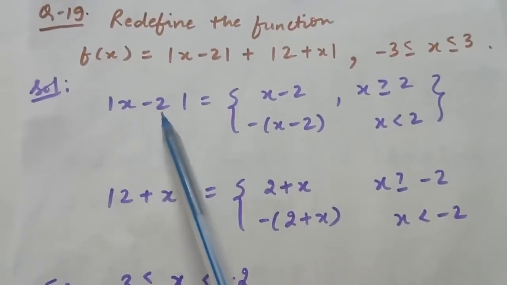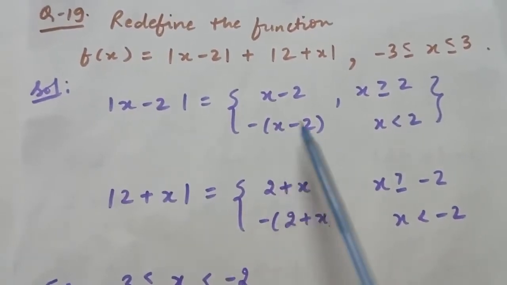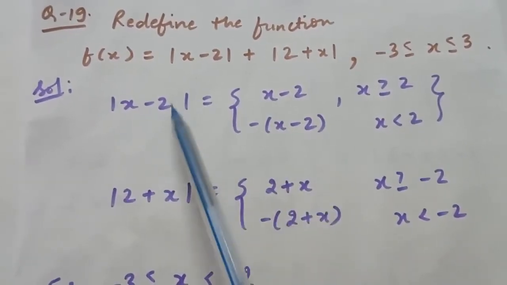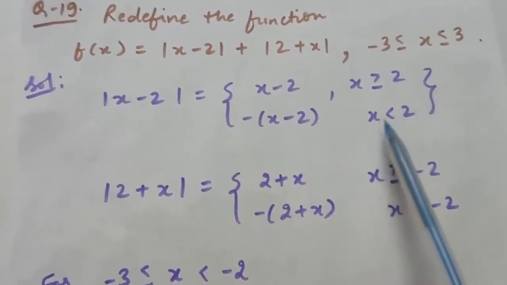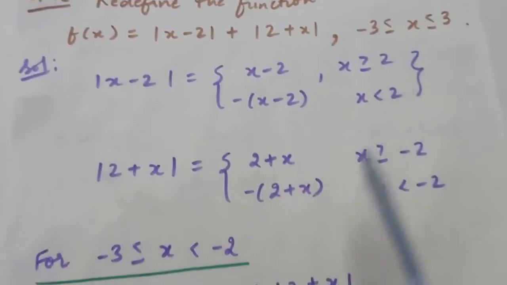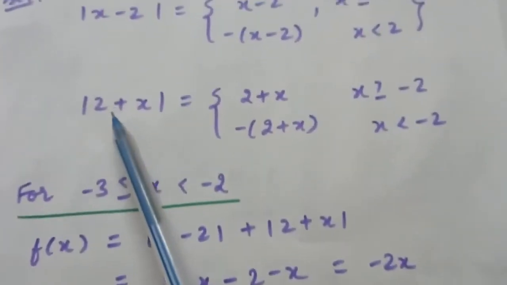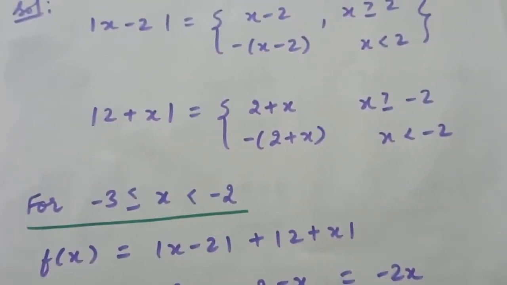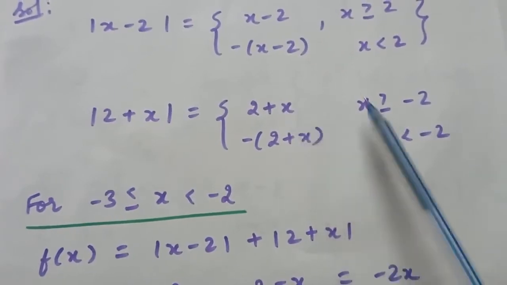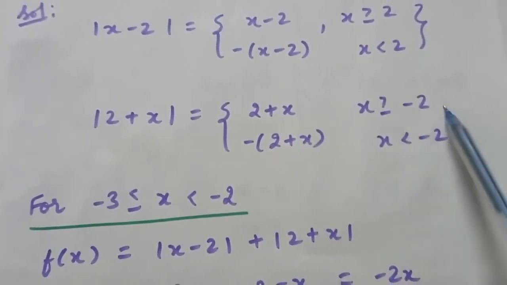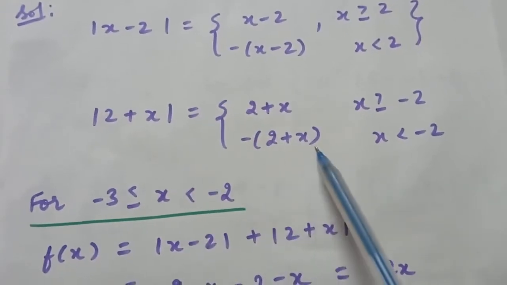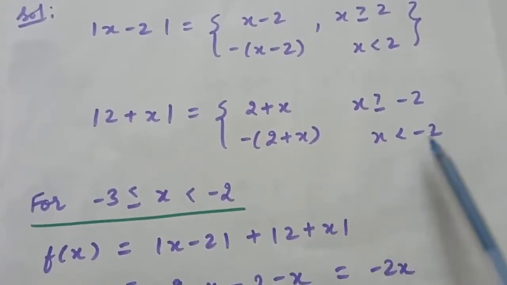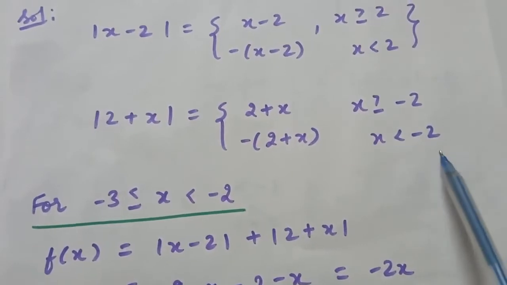And it is -(x - 2) if x - 2 is less than 0, or x is less than 2, right? Now |2 + x| is equal to 2 + x when x is greater than or equal to -2, and it is -(2 + x) when x is less than -2, right?